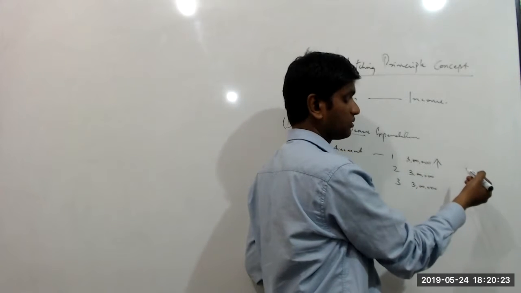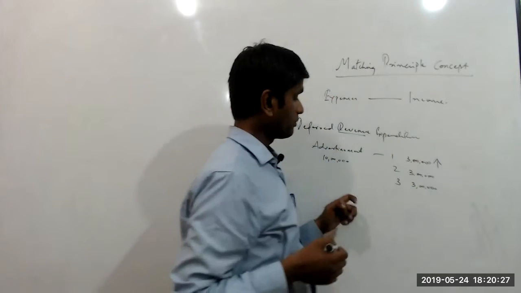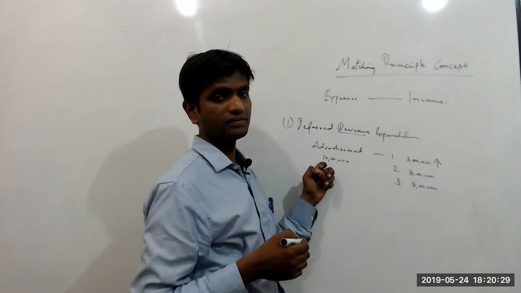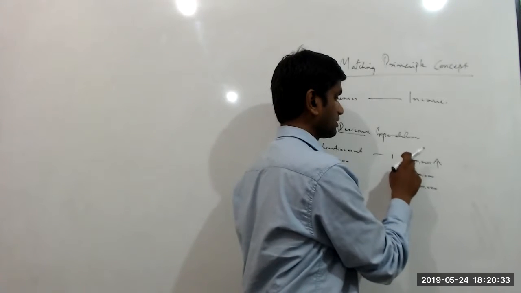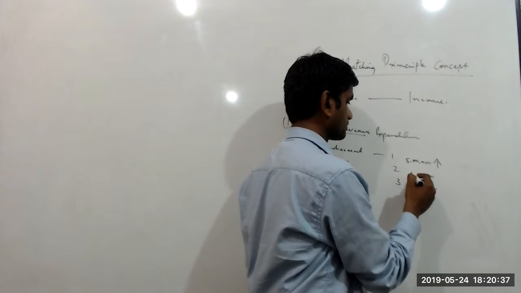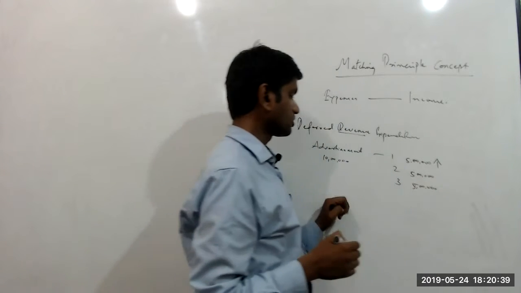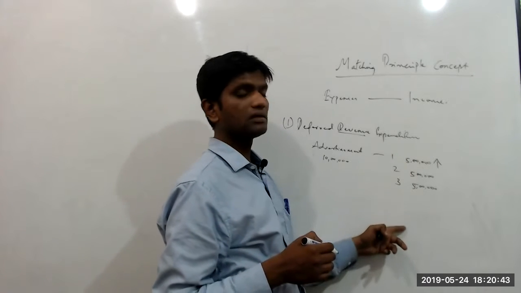The normal revenue will remain as it is. This is an addition to revenue because of this spending. Actually, let me revise this. I will increase it to 5 lakhs each. So because of spending 10 lakhs, I earned around 15 lakhs over the 3 years.